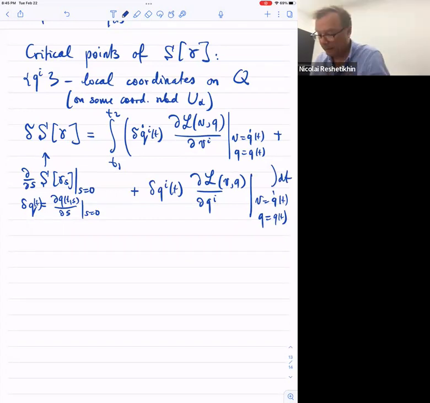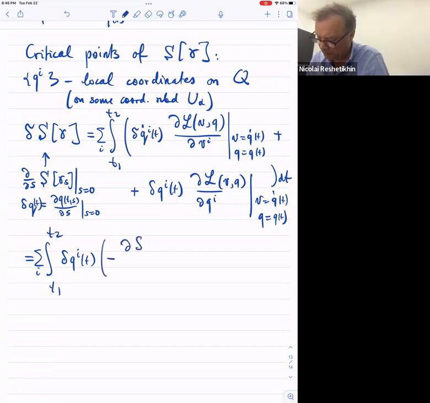dt. So then again, I will differentiate by parts, and the result is I will have delta q^i, and I assume everywhere summation over i, integral t1 to t2, and here I'll have minus d/dt dL/dq.